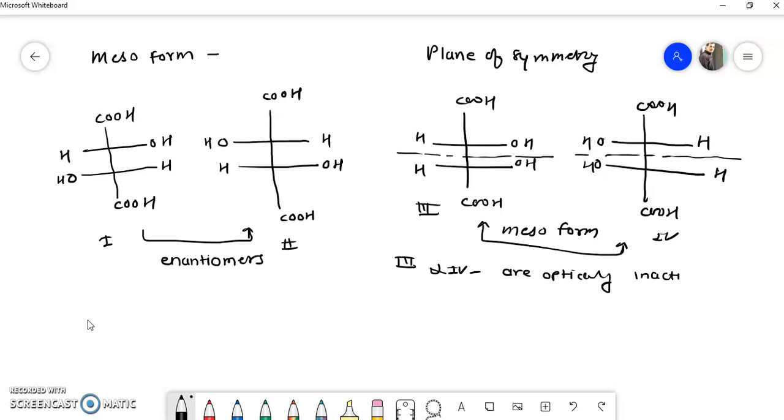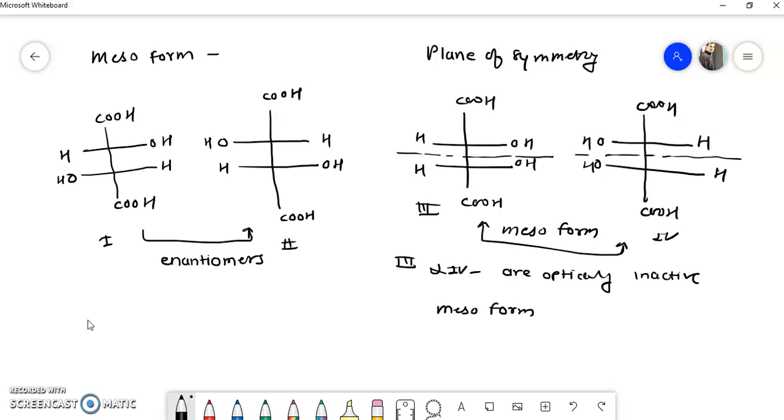Because they have a plane of symmetry. Such structures are called mesoform. It contains a plane of symmetry due to internal compensation, that is, the rotation produced by the upper half of the molecule is nullified by the rotation produced by the lower half of the molecule. Therefore the molecule is optically inactive, remember. So this is all about the mesoform.